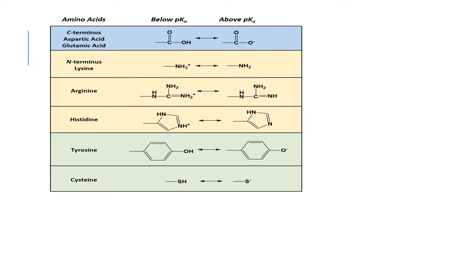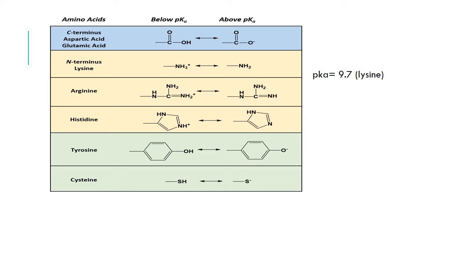Now let's try to understand what we mean when we say they are readily ionizable. We are going to give about 2 examples. The first one, let it be lysine. This lysine has an ionizable side chain that changes depending on the pH.